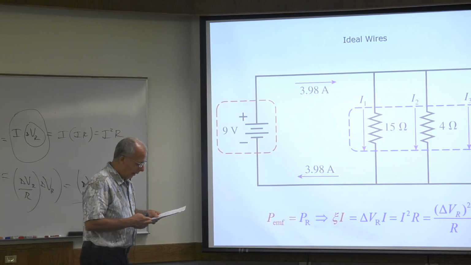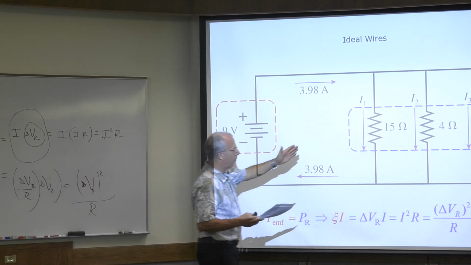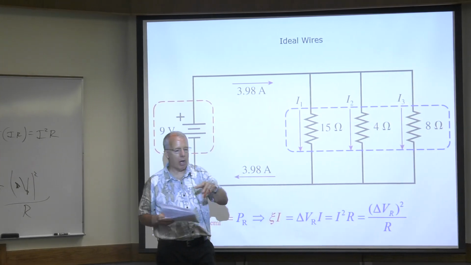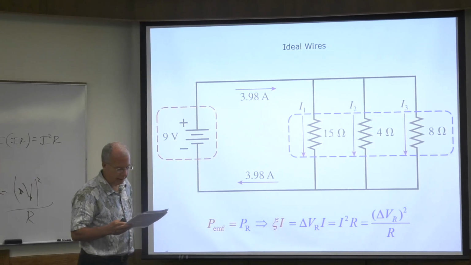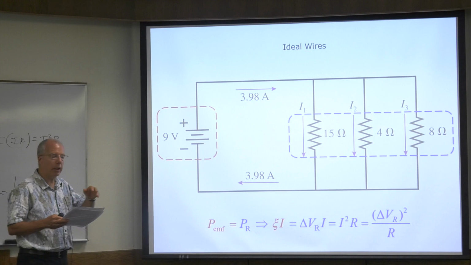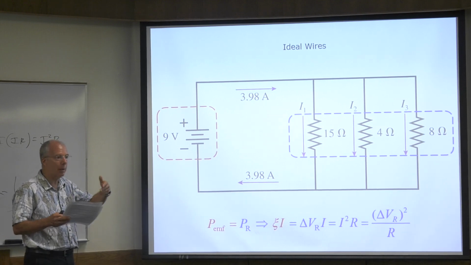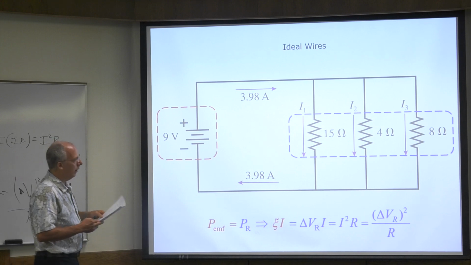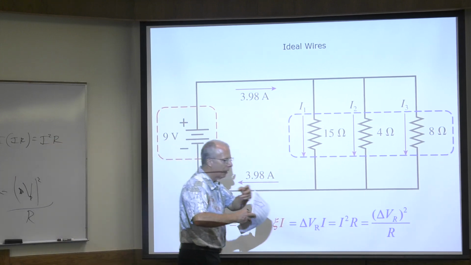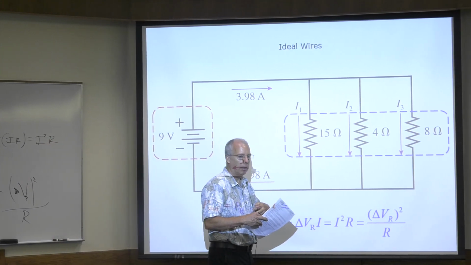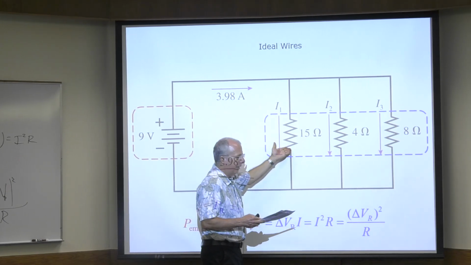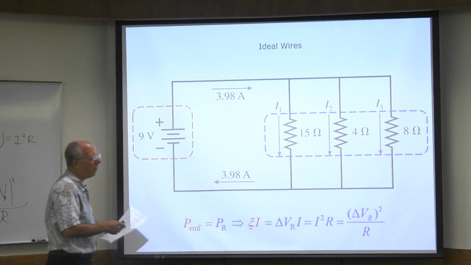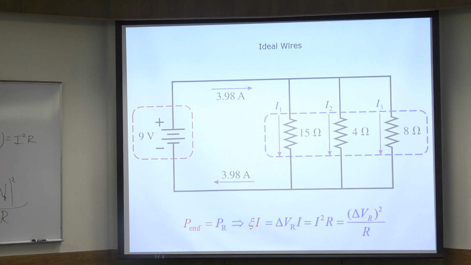And in fact, when you buy a resistor, they all have power ratings. If you exceed the power rating, the thing's going to burn up. And so that's why, when you're trying to miniaturize things, heat is a real problem, because they can only dissipate so much power without burning up.